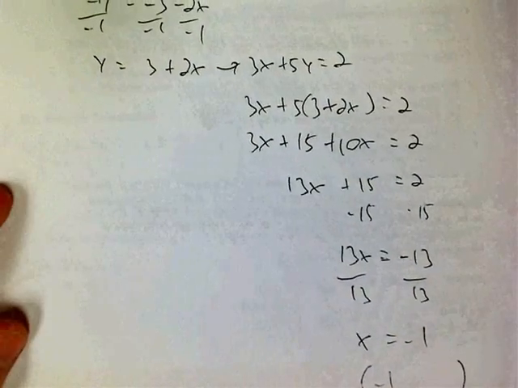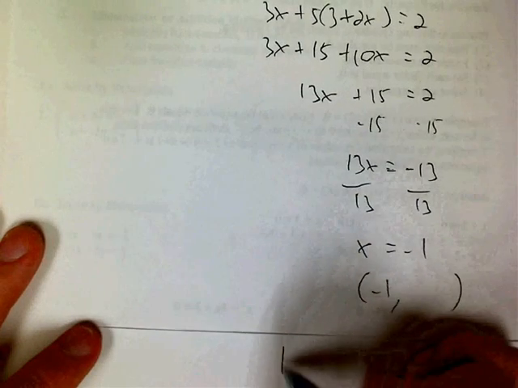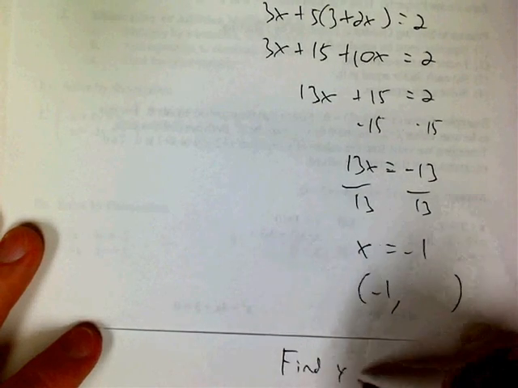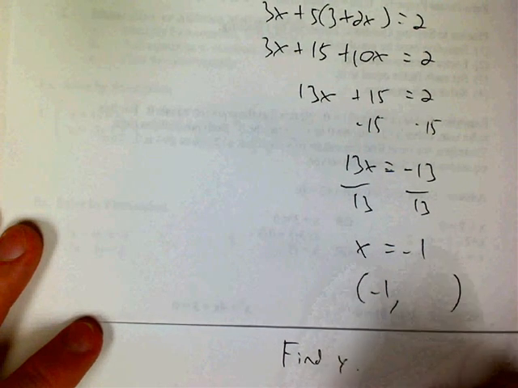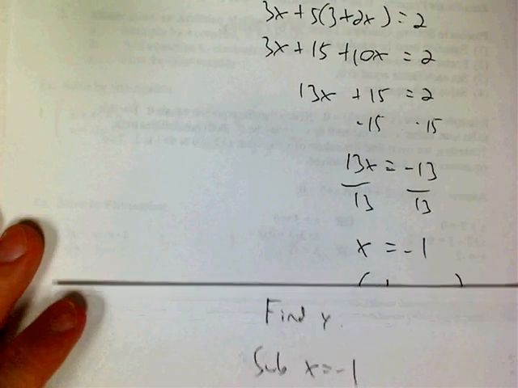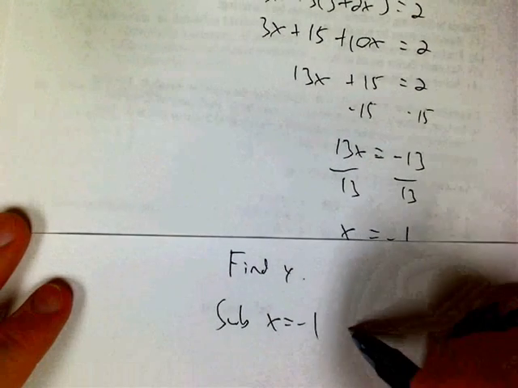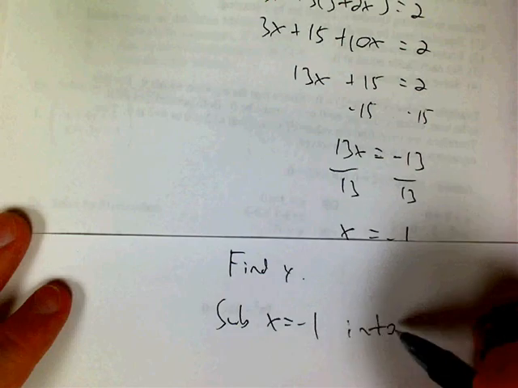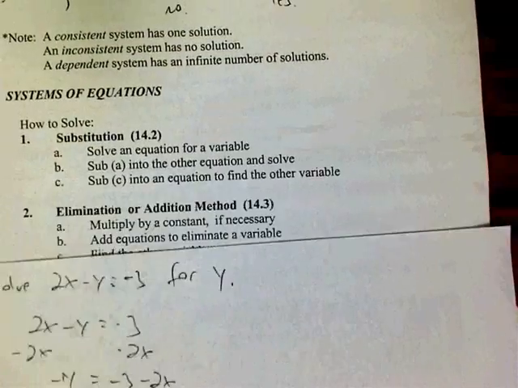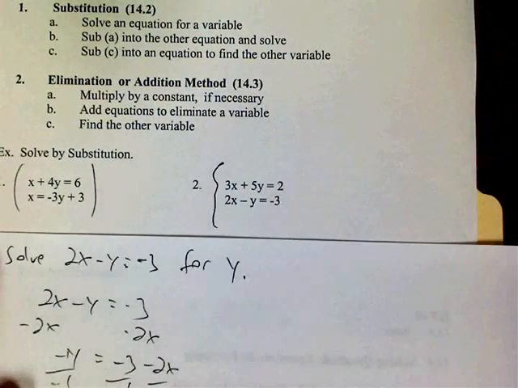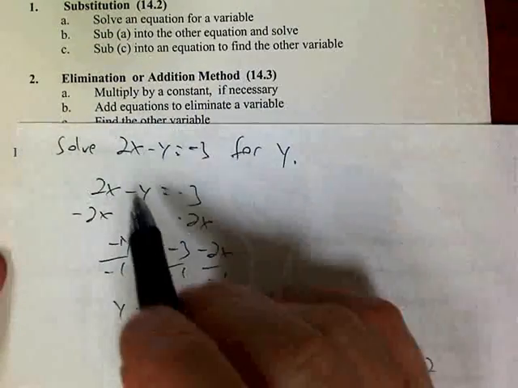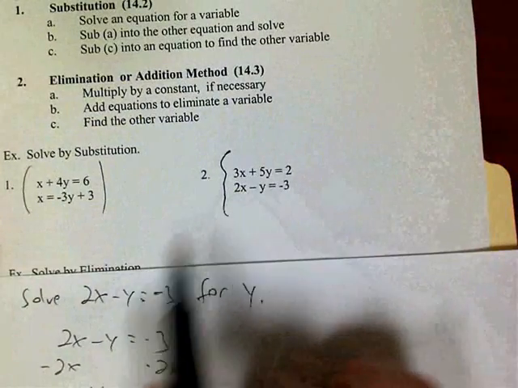Now, when I find y, I'm going to substitute x equals negative 1 into an equation. And the one I'm solving is this one right here. I can substitute into this one, but if you look, I've taken a second equation and I solved for y down here.